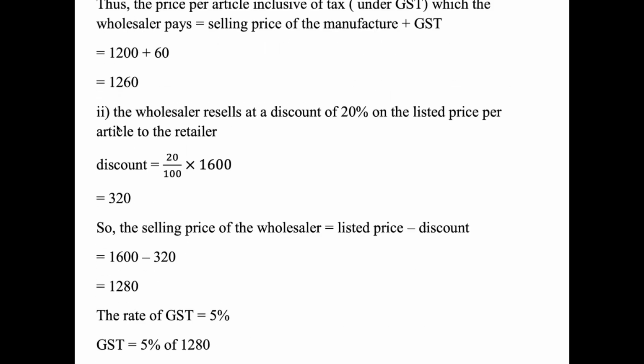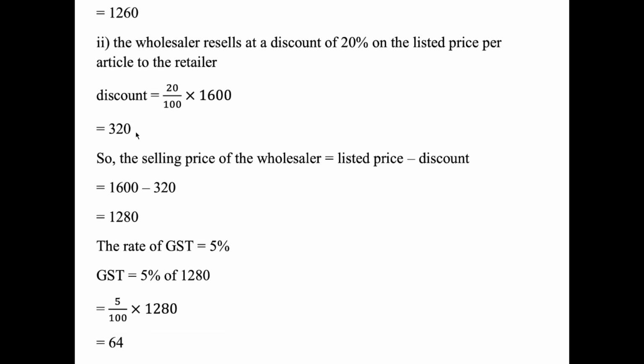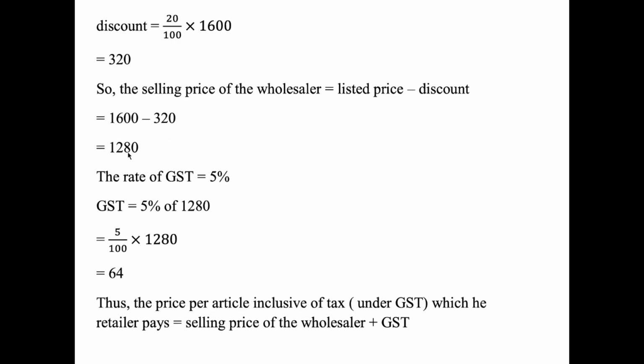Come to the Roman 2, that is the second part of the question. The wholesaler resells at a discount of 20% on the listed price per article to the retailer. So 1600 into 20% comes to 320. So selling price will be 1600 minus 320 is equal to 1280. Now the GST rate is 5%.